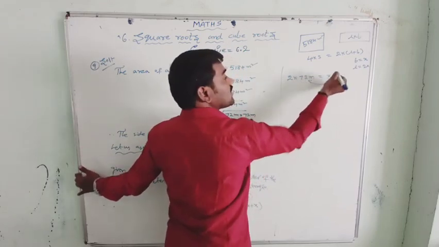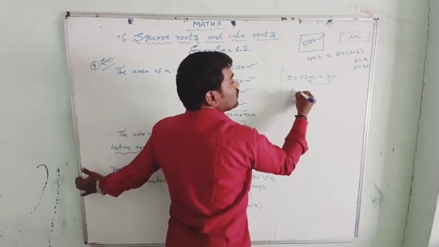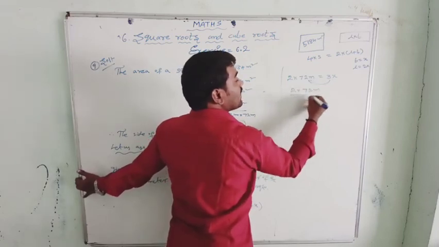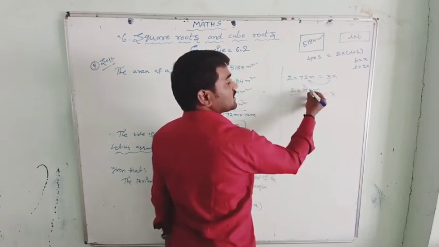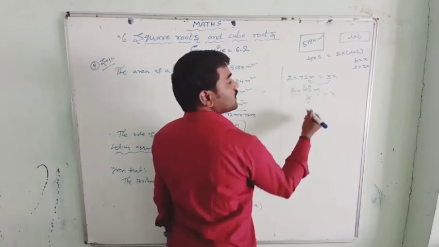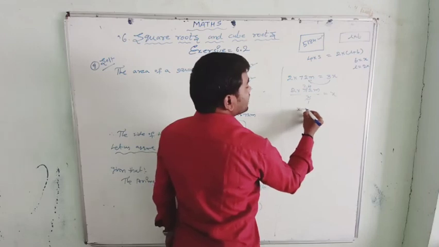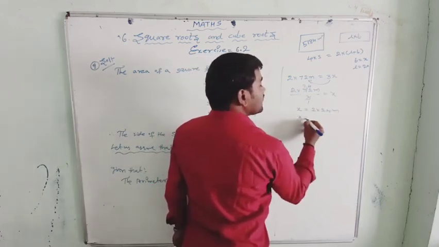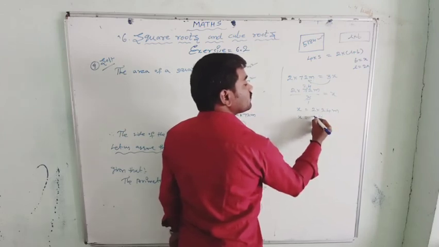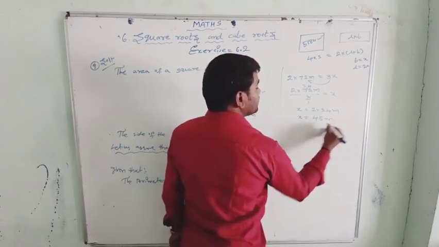This 3 also we transfer to this side, and we get the x value. So 2 into 72 meters by 3 equals x. 3 ones are 3, 3 twos are 6, 1 left, 3 fours are 12. So x equals 2 into 24 meters, 2 fours are 8, 2 twos are 4, so 48 meters.